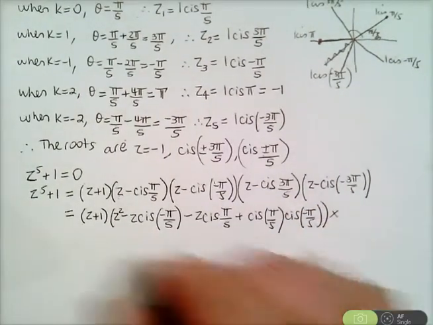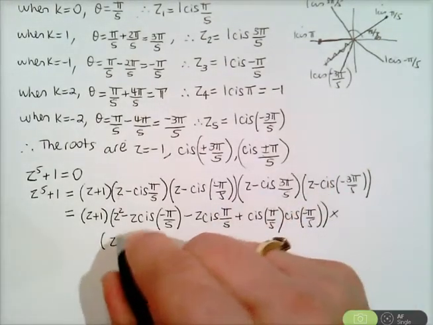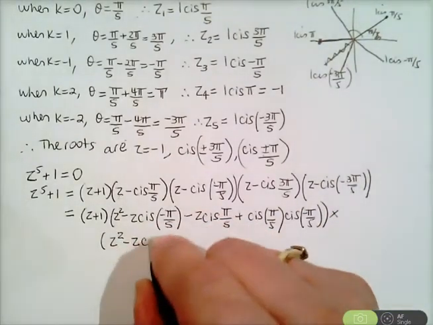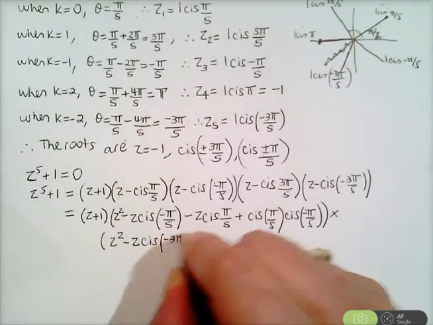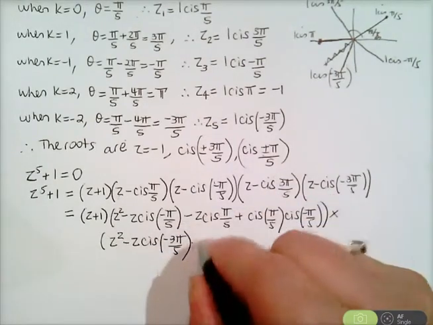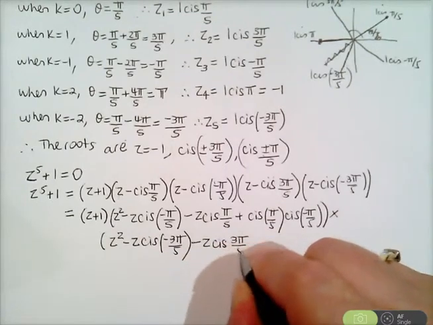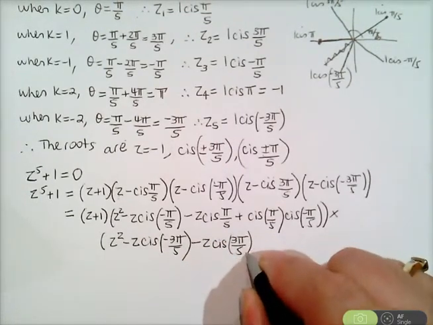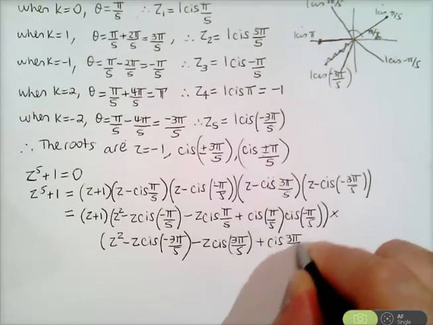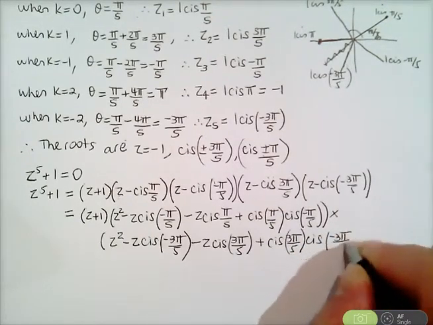And this is multiplied by, sorry, I just can't fit it on the one line, z squared again, so multiplying these two, minus z cis minus 3 pi on 5 minus z cis positive 3 pi on 5, and then plus cis 3 pi on 5 times cis minus 3 pi on 5.